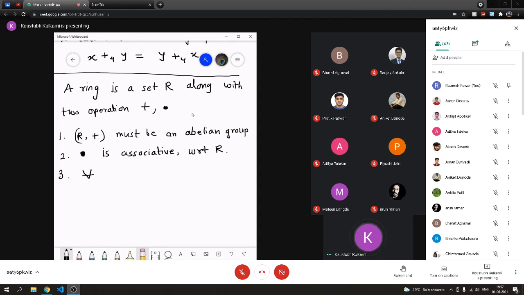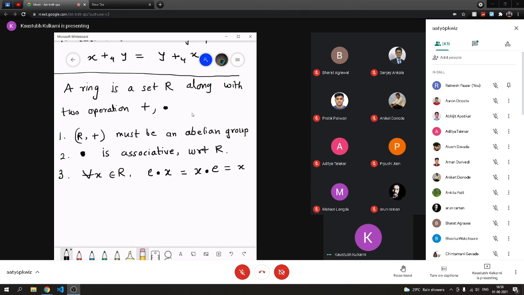So for all x belonging to R, the identity is unique. So E dot x is equal to x dot E, which is equal to x itself. Okay, for all x belonging to R, there is an E within R such that it is same for all the x. That is my point.